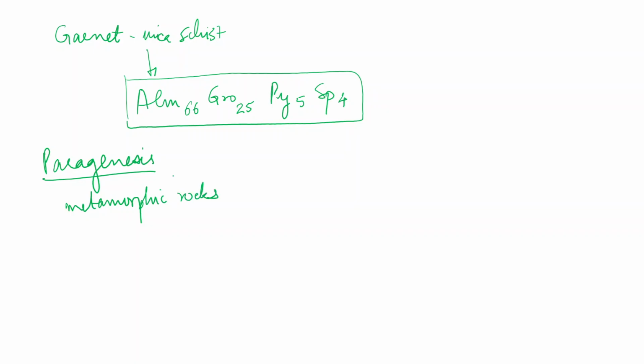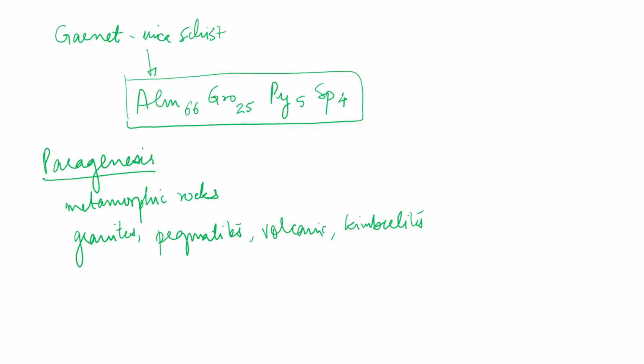Other than that, it is also found to occur in some granites, then pegmatites, maybe volcanic rocks, and some kimberlites. Diamondiferous kimberlites, garnet is sometimes found to occur.